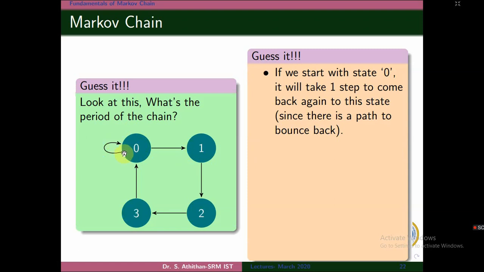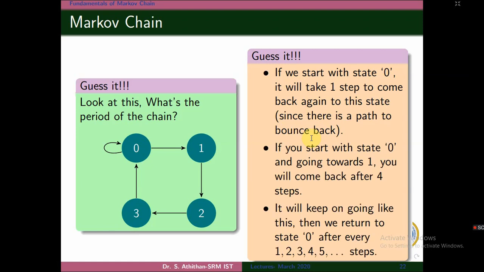So 1 step and 4 steps. It will keep on going like this, and we return to state 0 after every 1, 2, 3, 4, 5 steps. So the GCD of this will be 1. So state 0 is aperiodic.